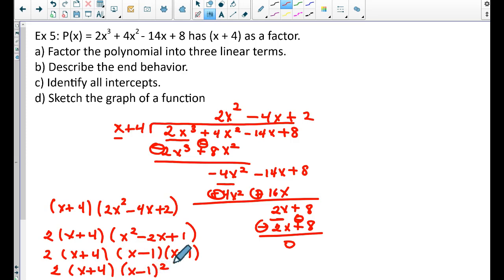And that's for part A. To get the end behavior, we notice that the degree of our polynomial is 3, and our leading coefficient is 2, which is positive. That means the graph is going to rise to the right and fall to the left. I now need to identify all x-intercepts.